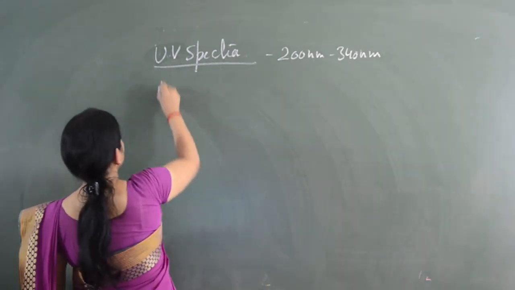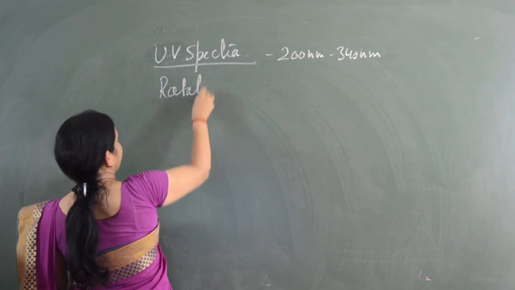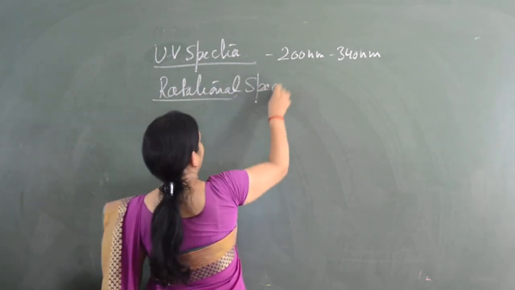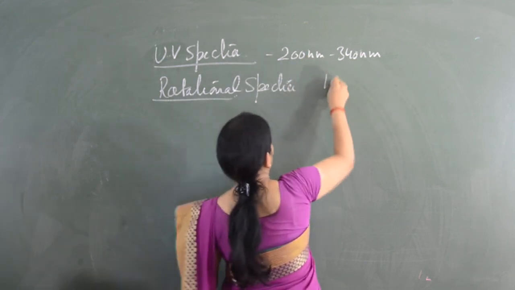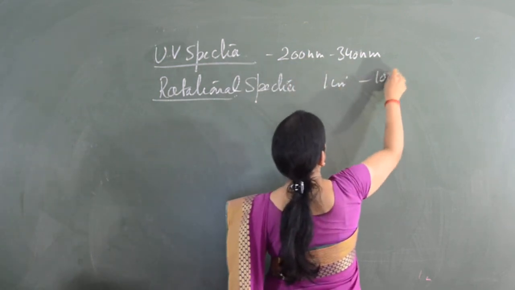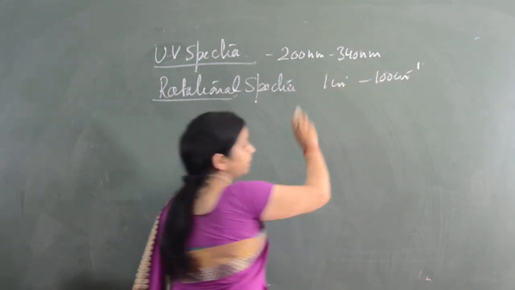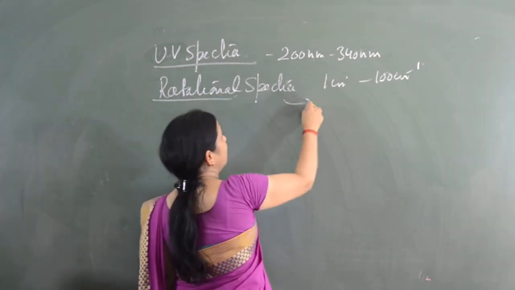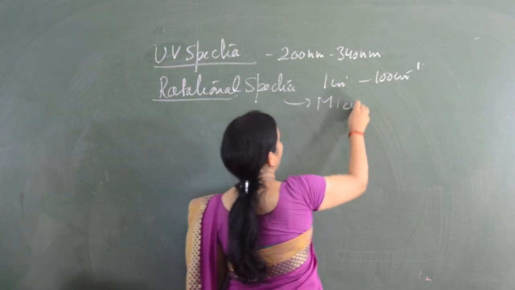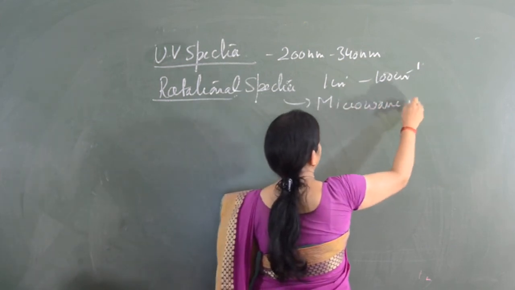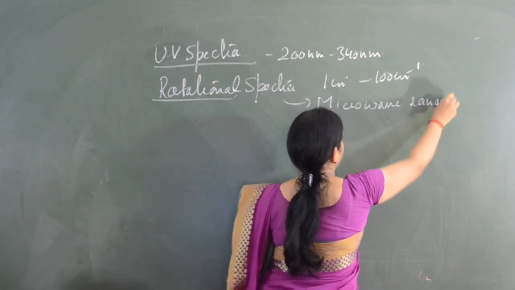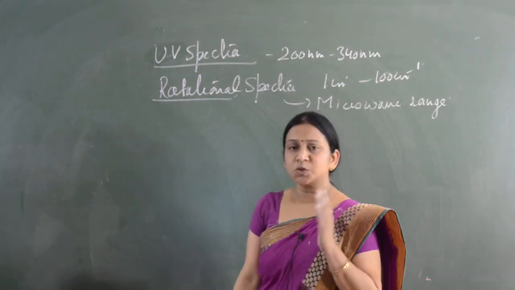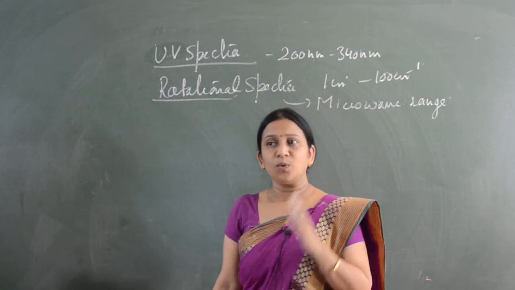The second was rotational spectra. The range is 1 centimeter inverse to 100 centimeter inverse. The radiation which we used in rotational spectra belonged to the microwave range. And rotational spectra is given by the molecules which show permanent dipole moment.